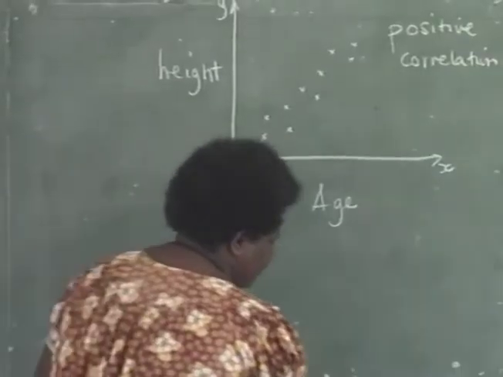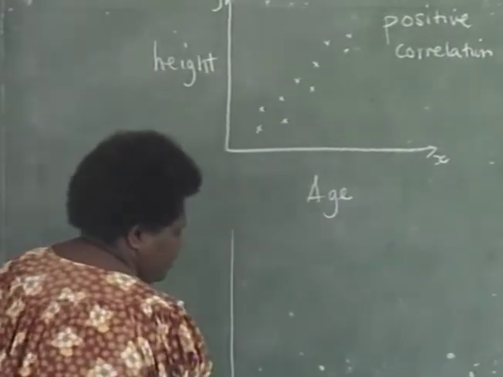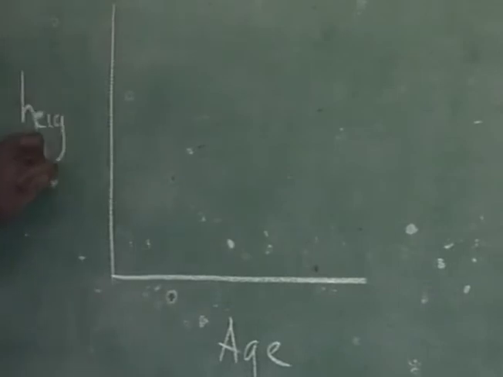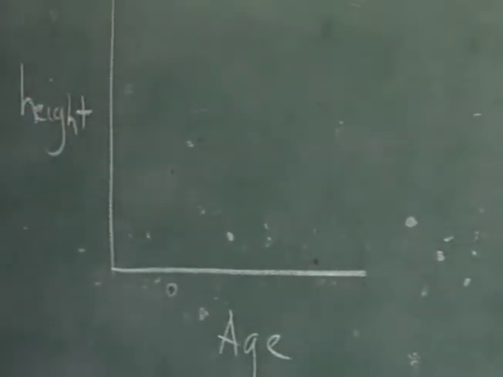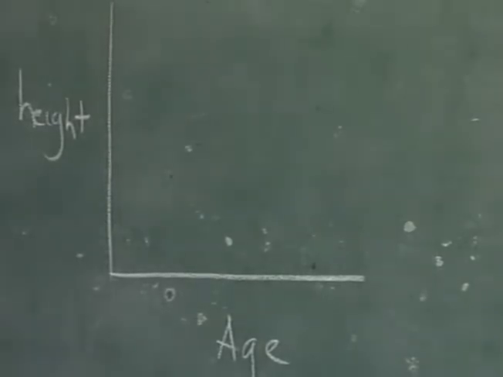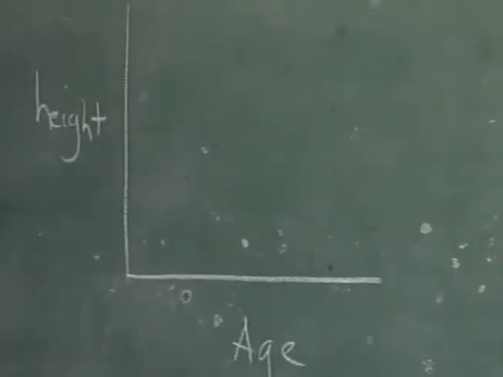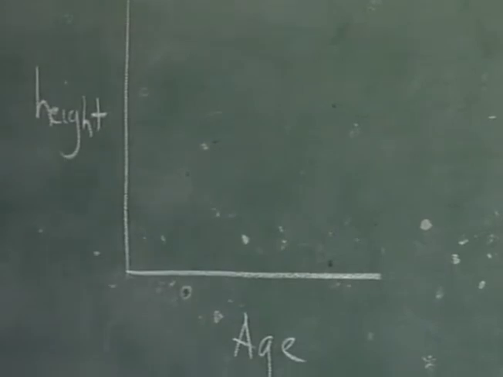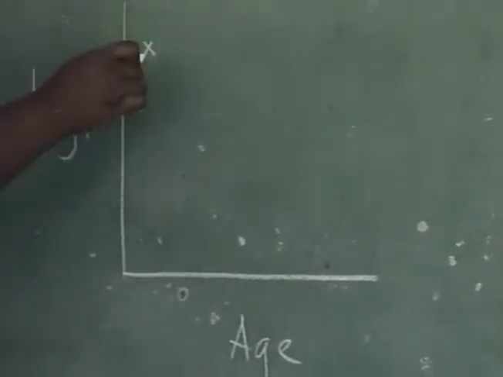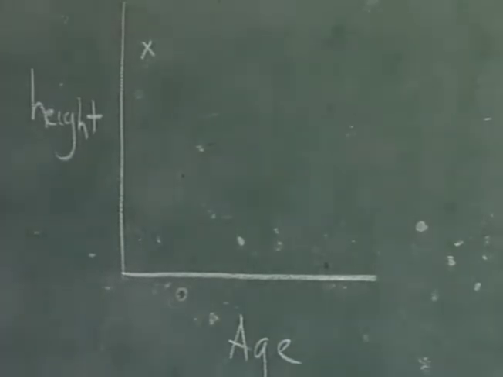Second graph. If we went to an alien planet, when you are born, you are very tall, and as you grow older, you grow shorter.